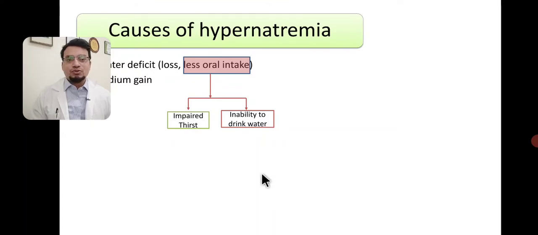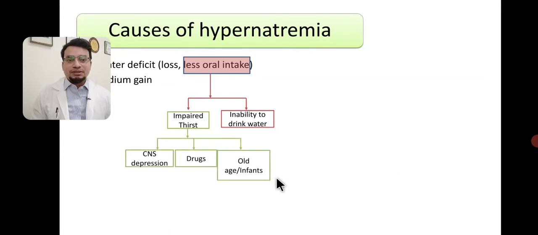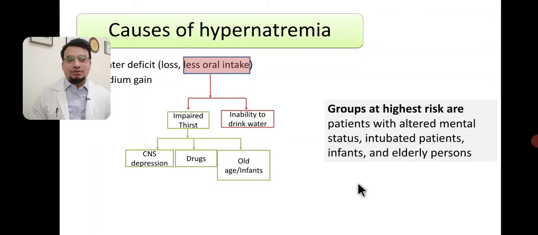Impaired thirst mechanism leads to less oral water intake and can predispose to hypernatremia. Impaired thirst mechanism can also occur in pathologies of CNS depression and also due to drugs, mainly sedatives. Groups at highest risk of developing less oral intake are the patients with altered mental status, the patients who are intubated and on mechanical ventilation, and extremes of ages, that is infants and elderly persons.